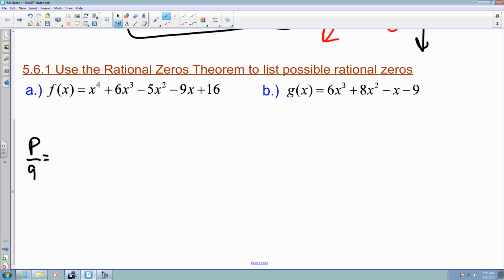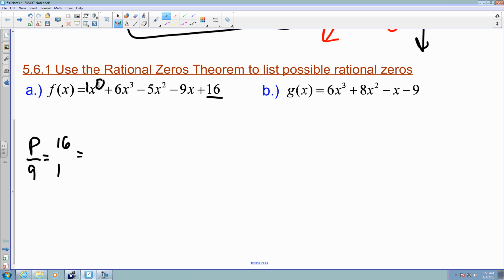The constant term is 16. The constant term is the one that doesn't have any variables attached to it. And q is the factors of the leading coefficient. The leading coefficient is on the largest power, 4, and that happens to have a coefficient of 1.